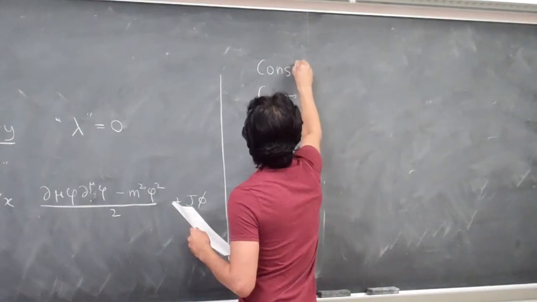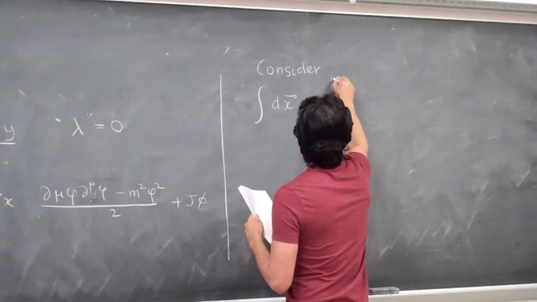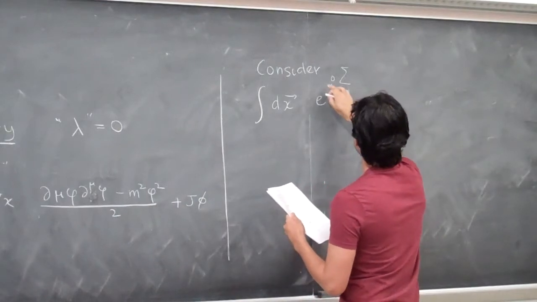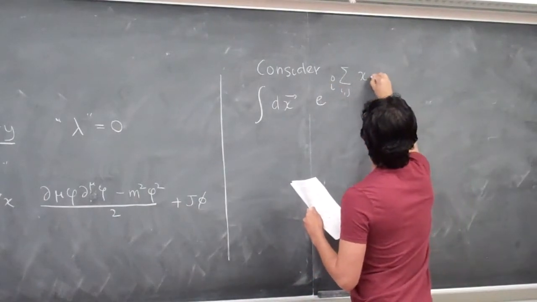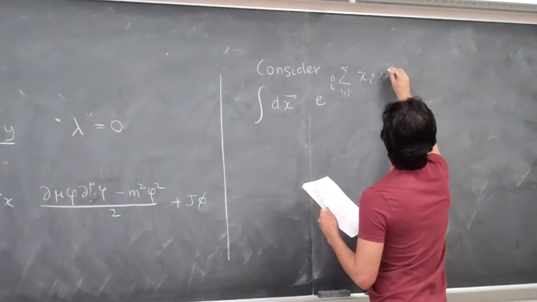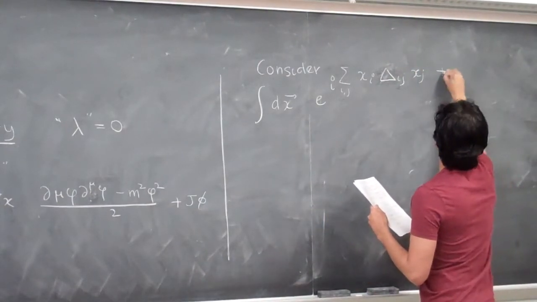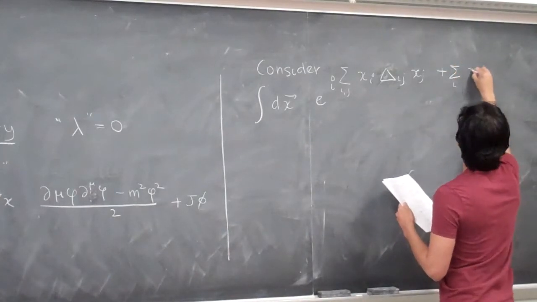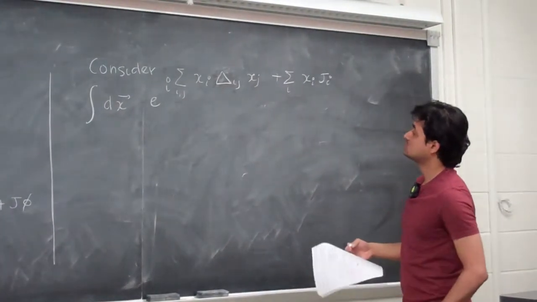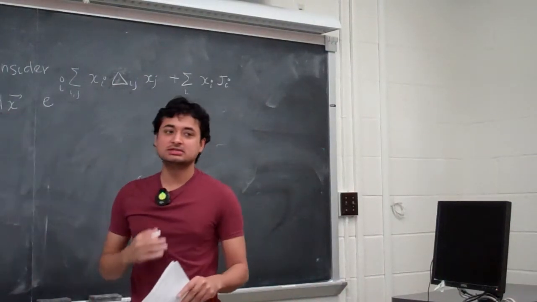Consider, bad notation, this I and this I are not the same thing. Xi. Okay, so this is, now, this dx vector means that it's dx1, dx2, dx3.